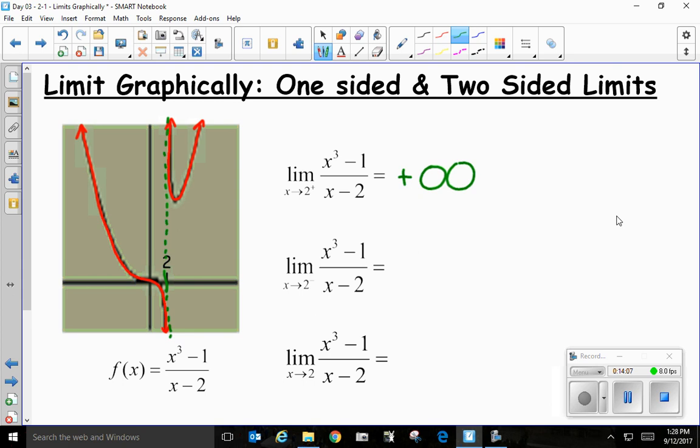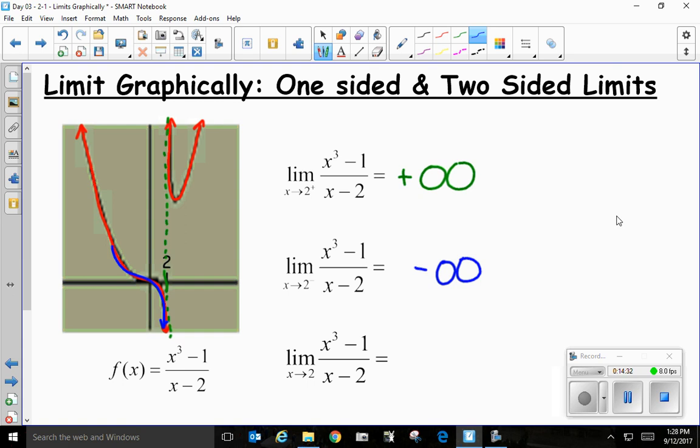What about as I approach 2 from the left side? As I'm approaching it from the left side, this way on the graph, it goes down forever. Do you understand that? It goes up, it's an arrowhead, it goes up forever. Arrowhead goes down forever.